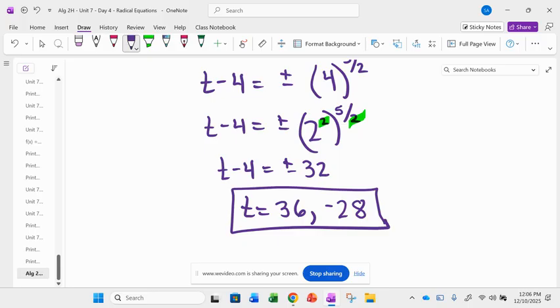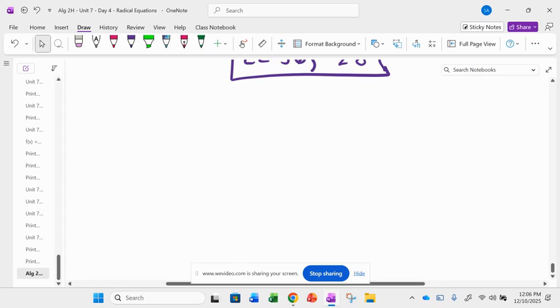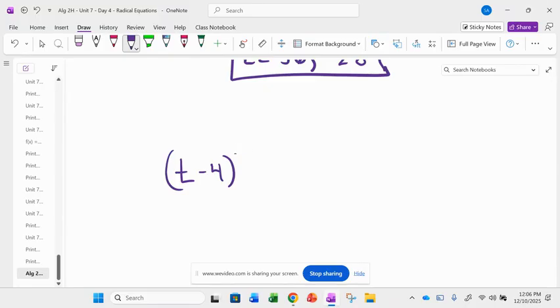Yes. Why does what happen? So if you have t minus 4 to the second raised to the, I'm trying to think, I'm trying to find a number that will cancel. 5, let's do the 5/2.